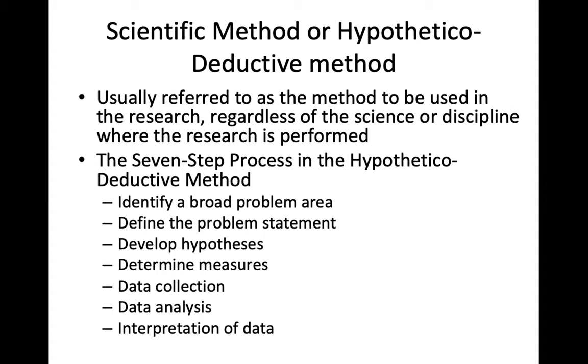So the steps in this hypothetical deductive method are the following, and we have had these steps explained before. This method starts with identifying the problem area, identifying where you will do research, in what narrow topic, and what problem you will address. After you know that, you can define the problem and have the problem statement. This is associated with defining your aim and objectives.